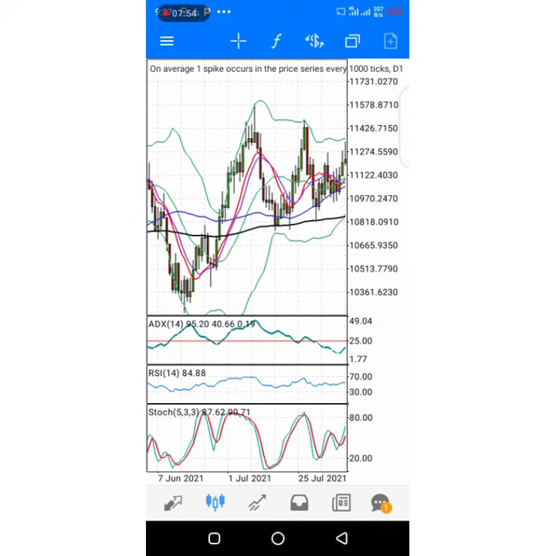Remember, when we talk about spiking, it means going against the market. That means, for example, in the bull market, we target the sell candles if we want to go against the market, while in the crash market, we target the buy candles.